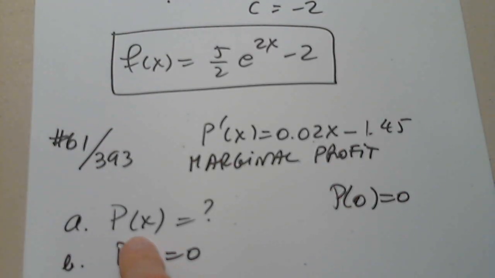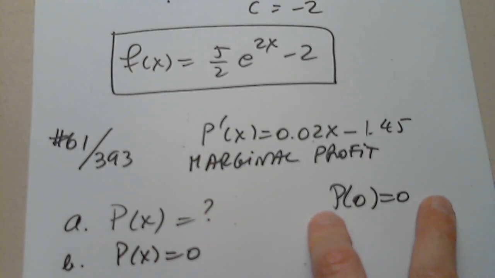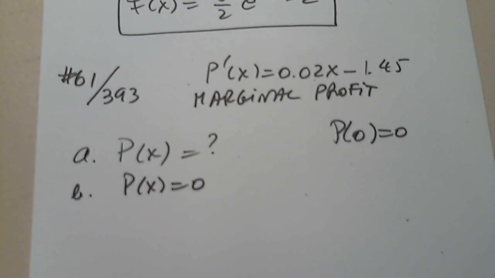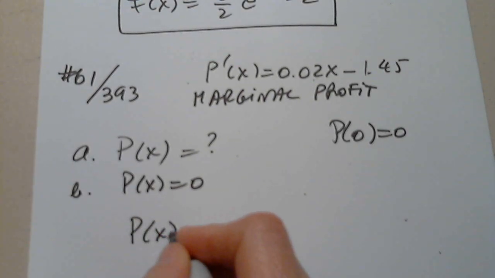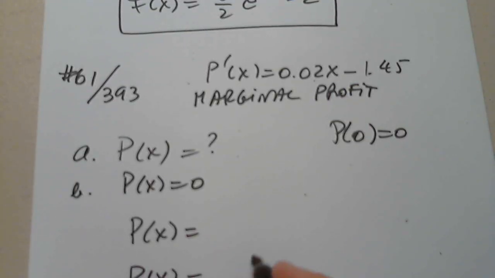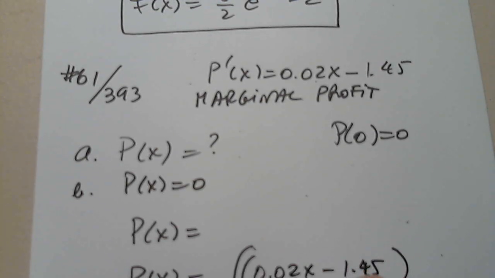They're asking us to find first the most general antiderivative, and then use the initial condition. One possibility is to simply write P of x and find the antiderivative. The other is to find the indefinite integral of (0.02x minus 1.45), always in parentheses and always dx. It's the same thing.